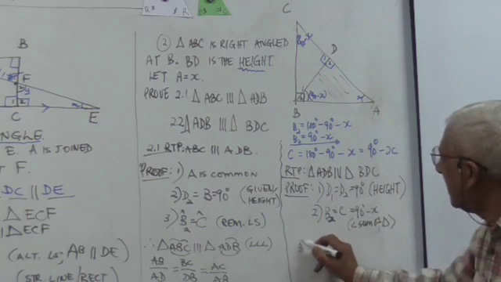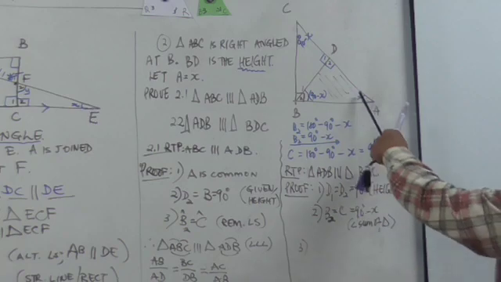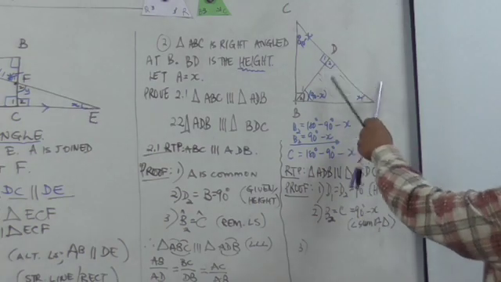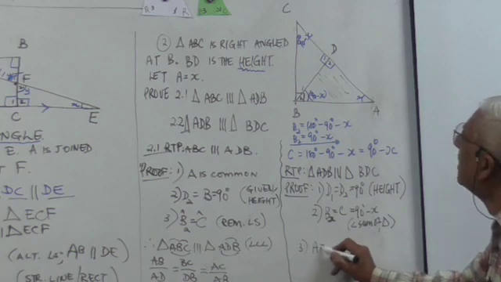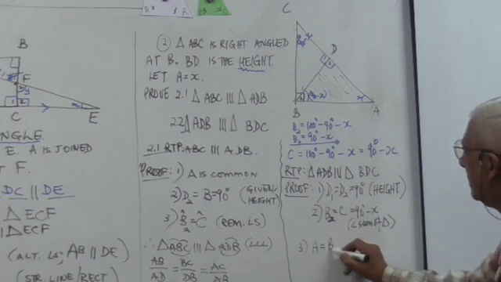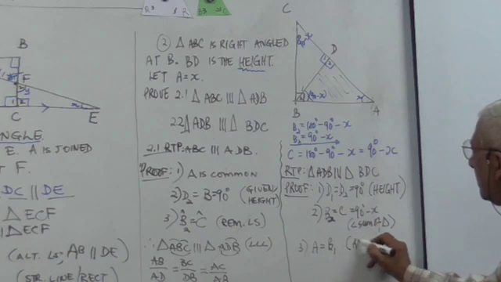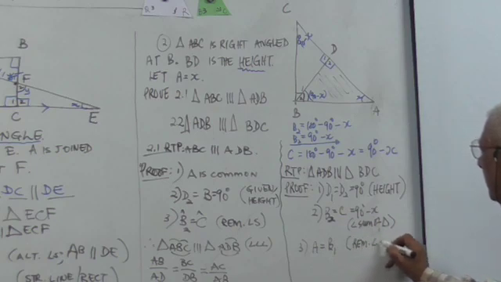Then number 3, the last one. We said this, we said that and that. So this is A. Angle A is equal to angle B1. Those are the remaining angles.